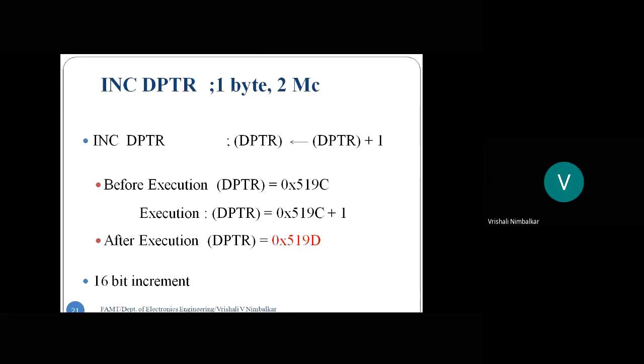Then I go to the higher byte and perform subtract with borrow. This is where I am doing a 16-bit subtraction: for the first subtraction I don't need a borrow, but for the higher byte subtraction I need a borrow. So that's the way we will be doing a 16-bit decrement operation. Okay, fine. Then let's go for the next.